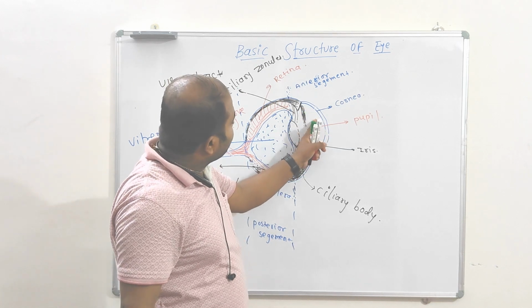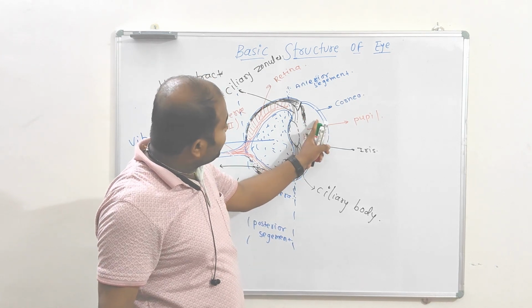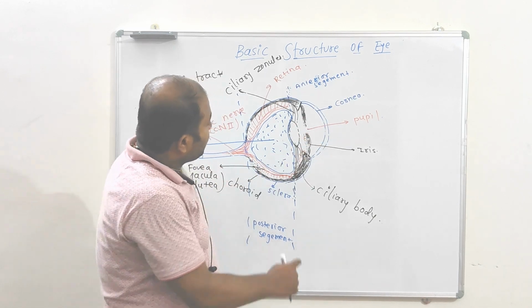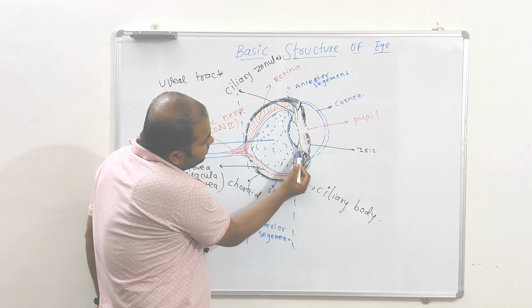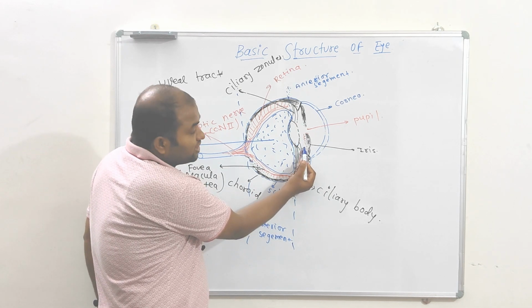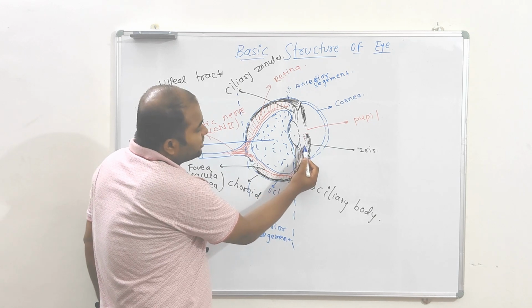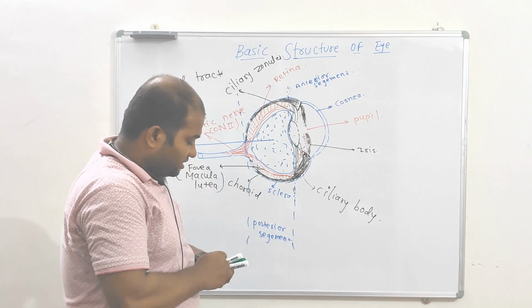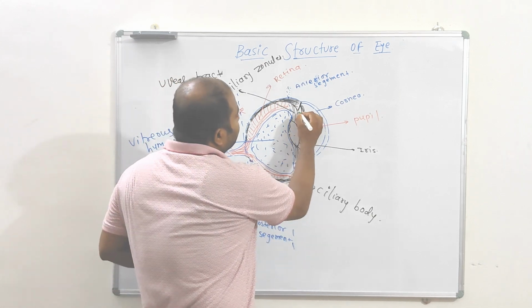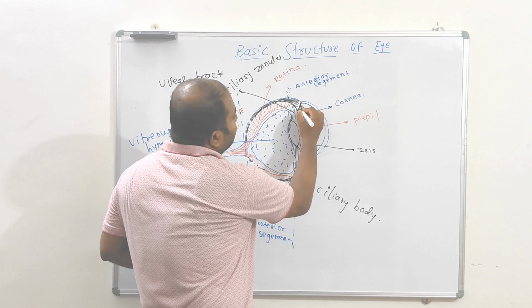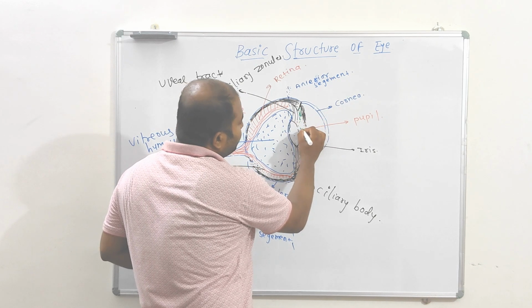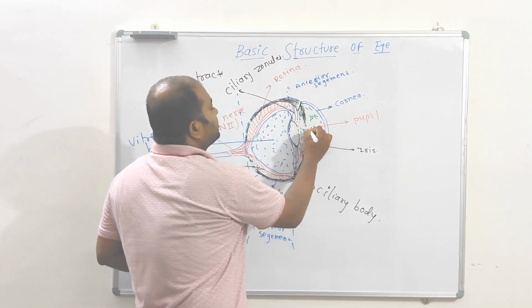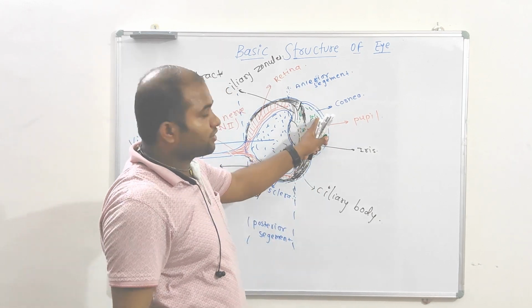One is the large region of space present anterior to the iris and posterior to the cornea, and the other is a small region present anterior to the suspensory ligament and lens, posterior to the iris. This space is also filled with a fluid, and this fluid is called aqueous humor.